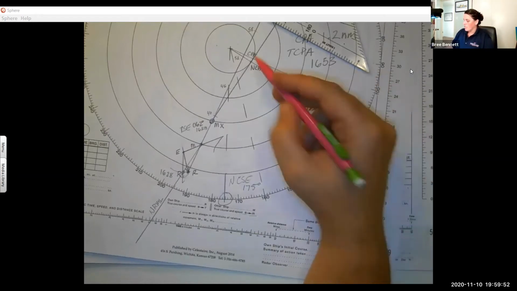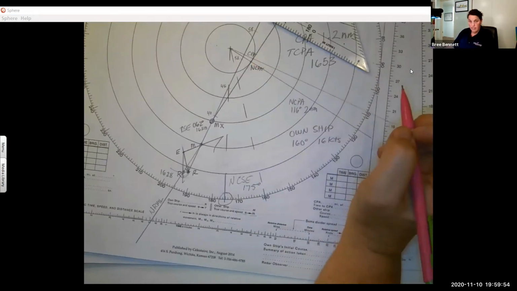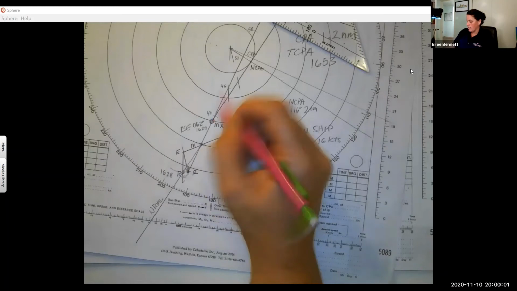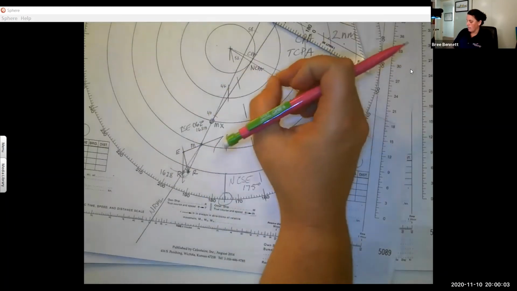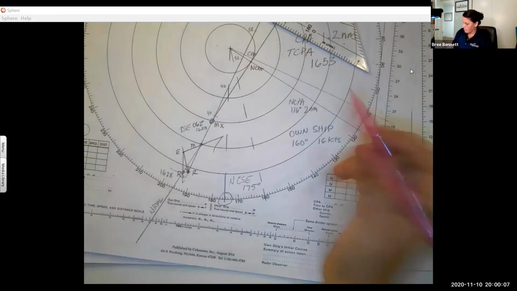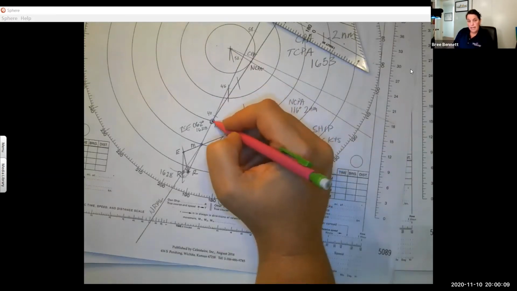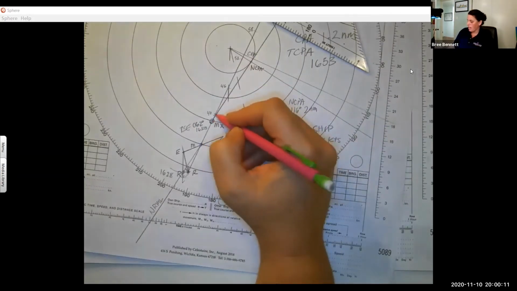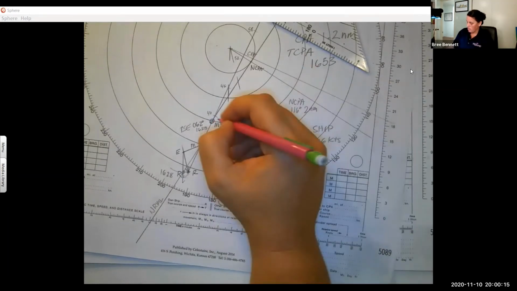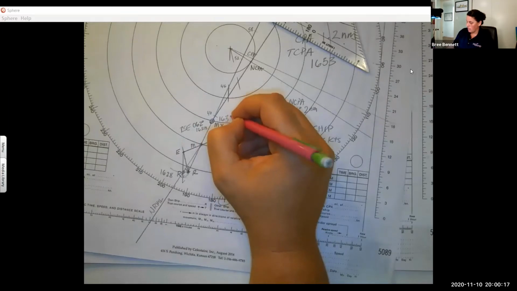And then I wanted to know what the time of CPA is. So for finding the time, I need to change my time slots over, starting at my MX. So I'm going to call my MX 1639.